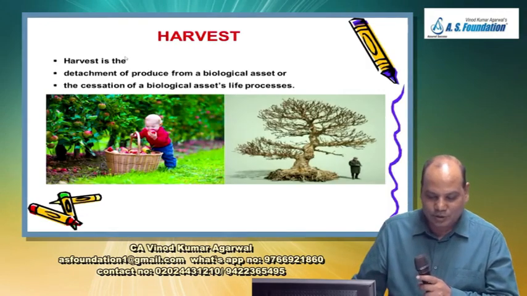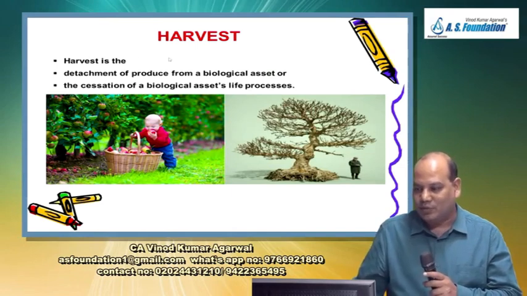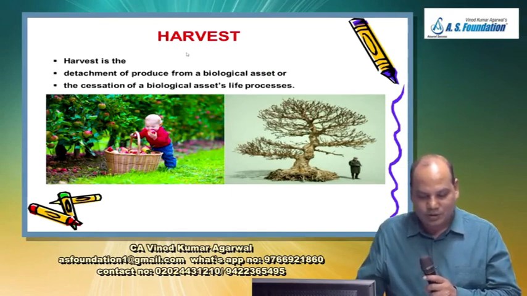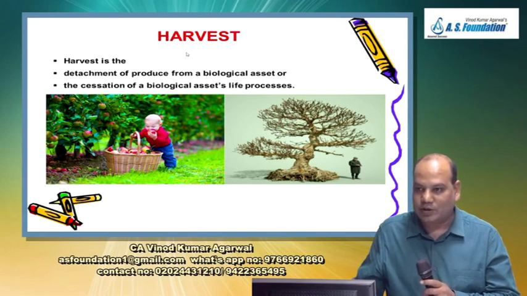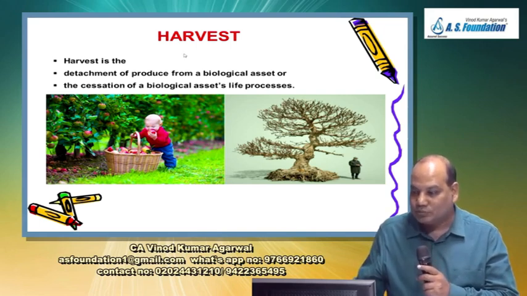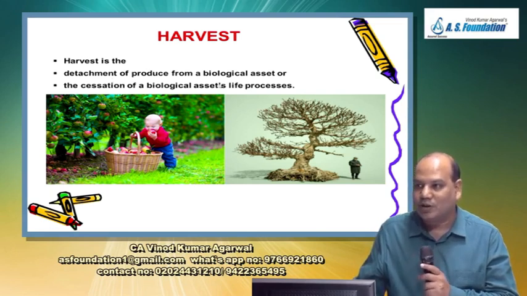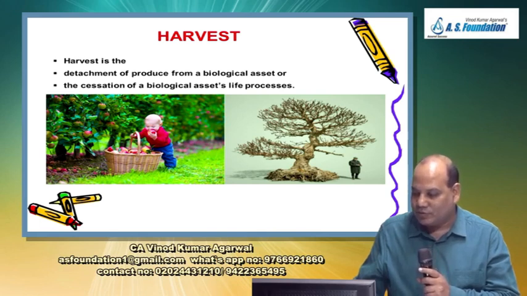Now next is the concept of harvest. When did we come across harvest? In the definition of agricultural activity, in the definition of agricultural produce. Harvest is the detachment of produce from a biological asset. Like in this example, some fruit was there on the tree.